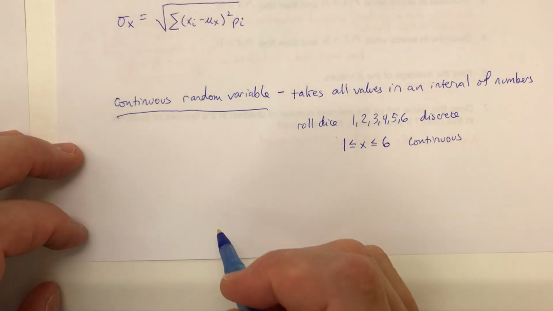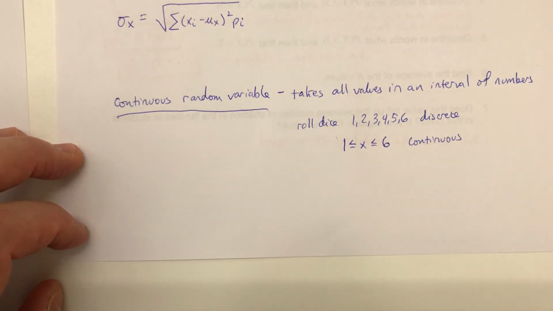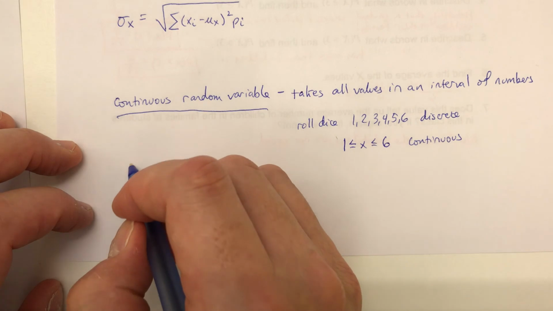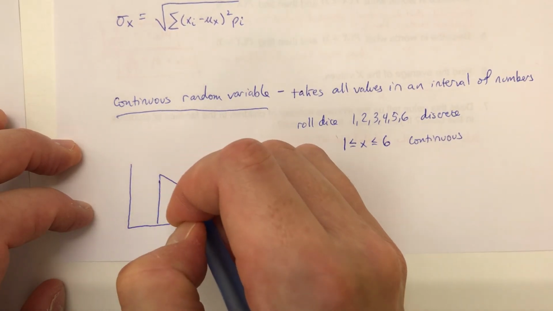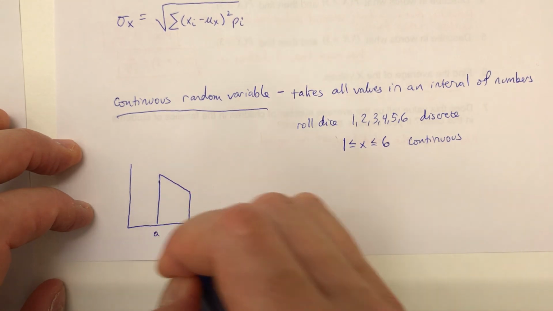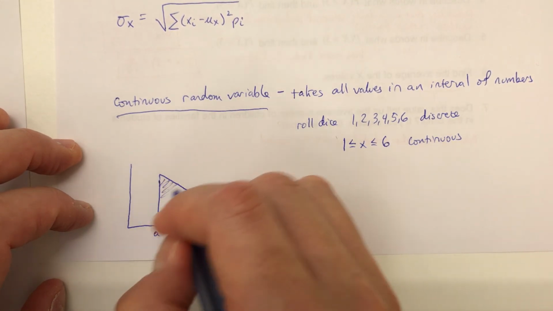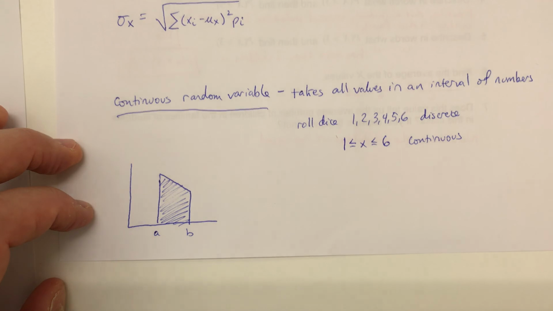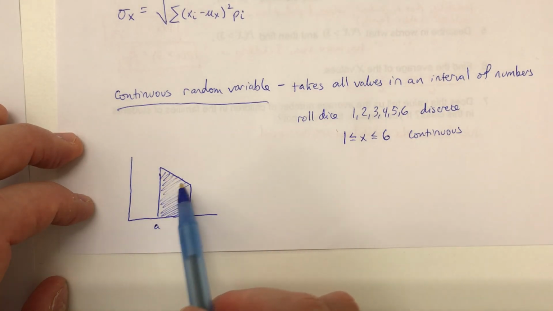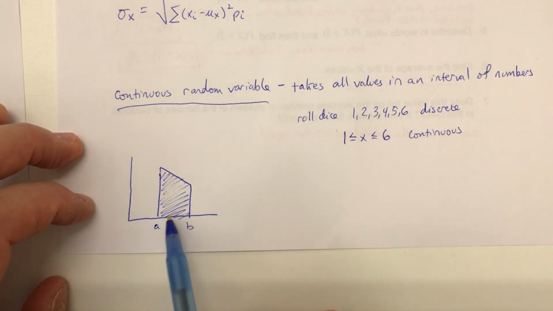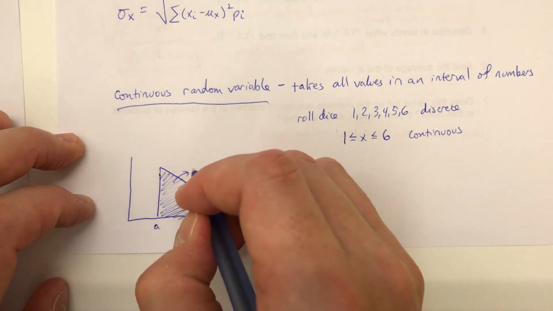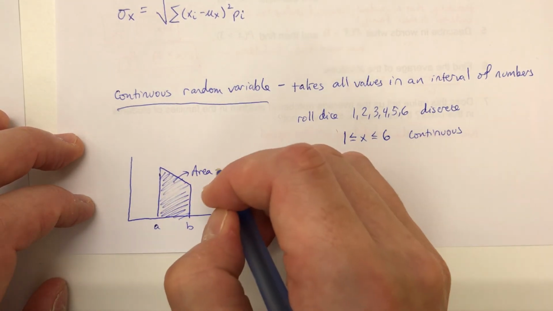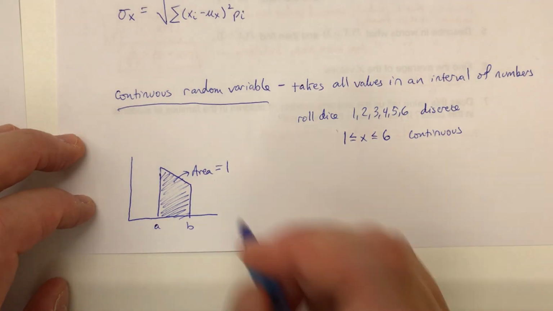And when we graph that, instead of using a histogram or something like that, we can use a density curve. And the idea is that all the data points have to be at or above the x-axis. And then we know that the area under the curve has to always be equal to 1.